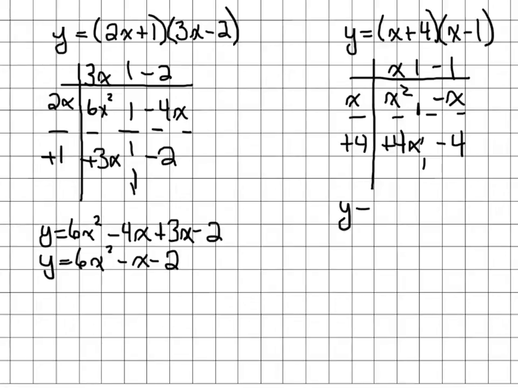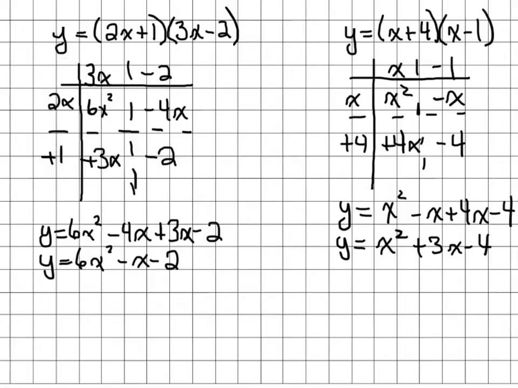Writing that out, I have x squared minus x plus 4x minus 4. That gives me x squared plus 3x minus 4. So I now have the standard form and the factored form of each of these quadratic relations.